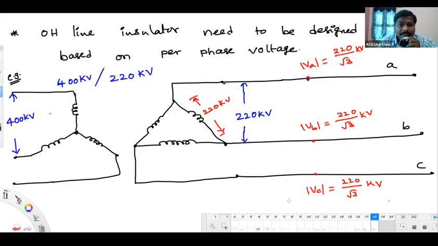The point A voltage we should measure with respect to ground, not with respect to conductor B. If you measure with respect to B, you get 220 kV. If you measure with respect to ground, you will get 220 kV by √3. That is the terminal voltage or conductor operating voltage.